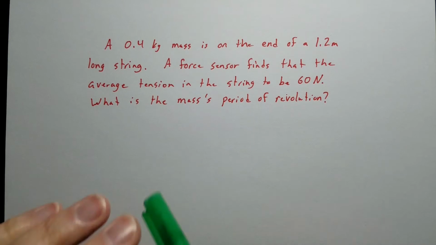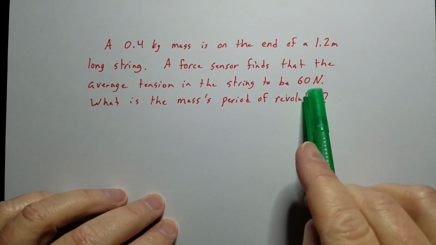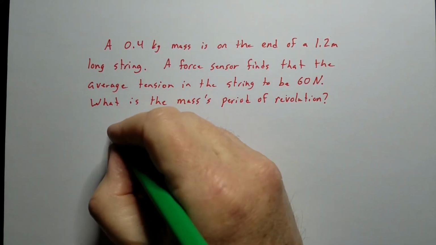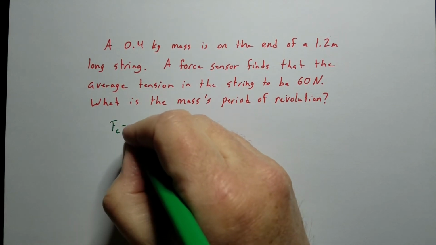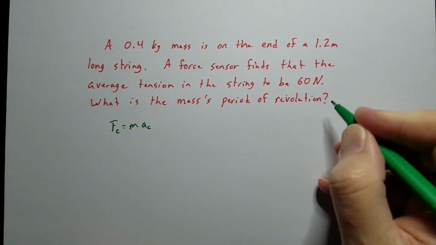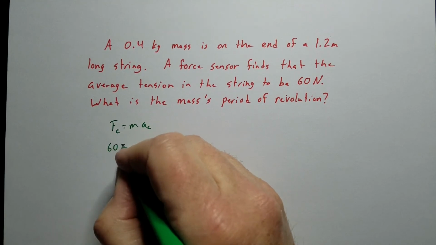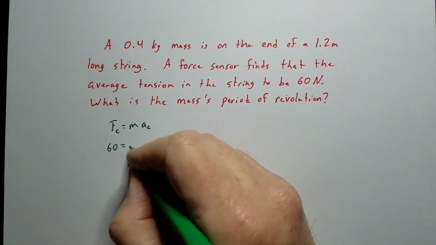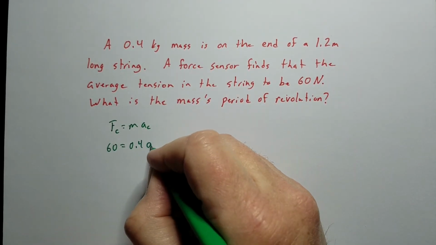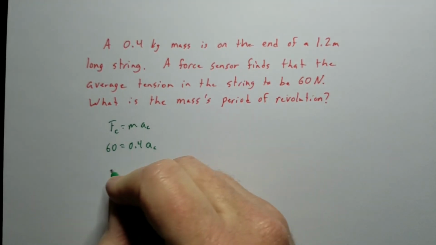All right, so this time we have to go the other way. We know the force starting off. So we know Fc equals m times AC. The force is 60 newtons and we have a mass of 0.4, so we can solve for acceleration.